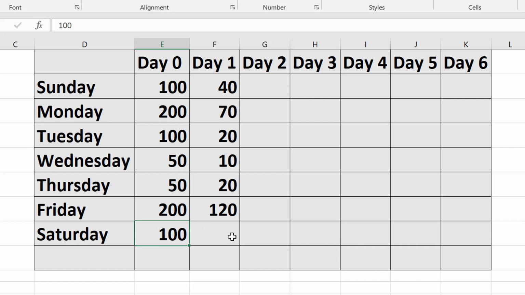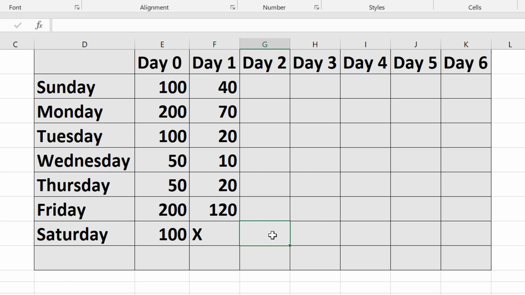What's going to happen over here? After Saturday, what comes? It is the next Sunday. So obviously this is something that we are not considering. We are not going into the next week. After Saturday comes the next Sunday, so obviously I am not considering this particular day, because this is out of the purview of the data which I am considering.